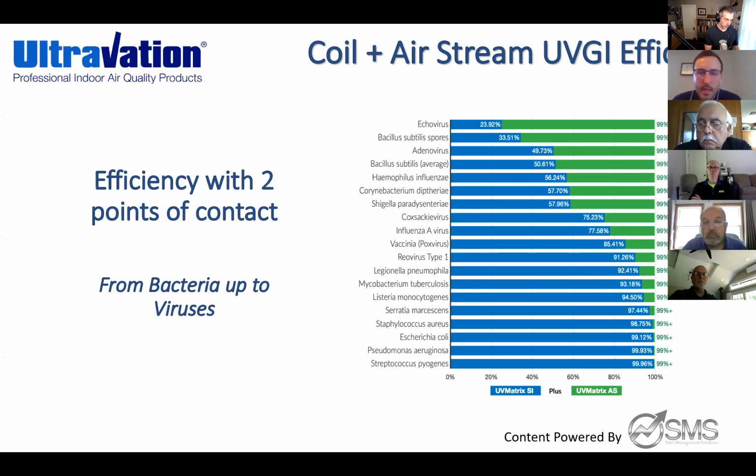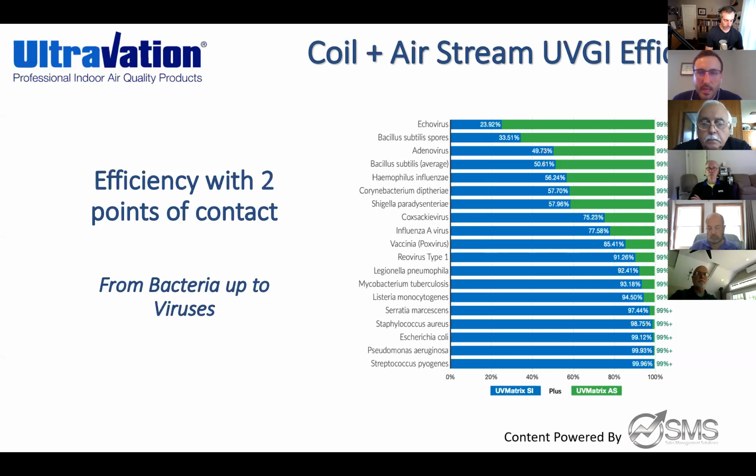If you look towards the bottom there, the bottom one is a bacteria. And basically what that means in blue there is that 99.96% of it can be solved by just a surface treatment. So just on the coils, you can treat most of that and get almost 100% efficiency.